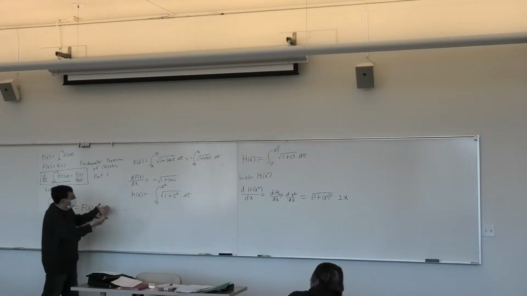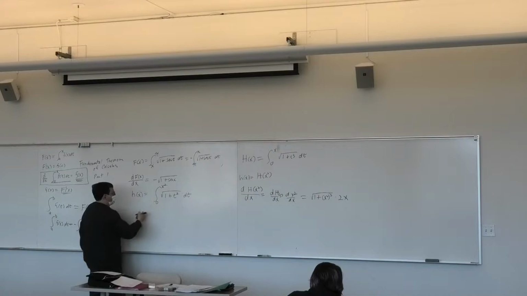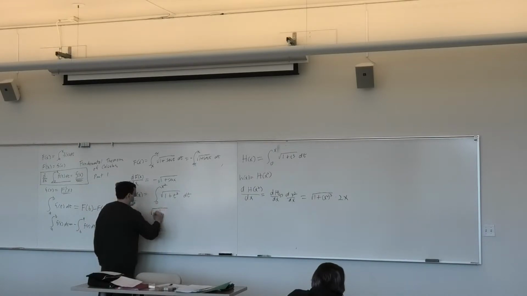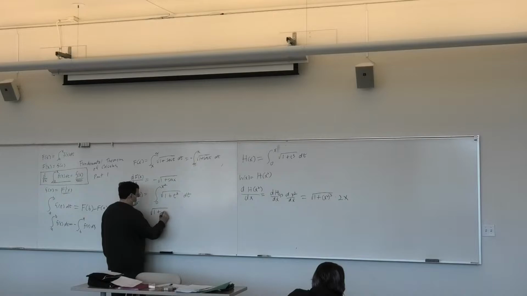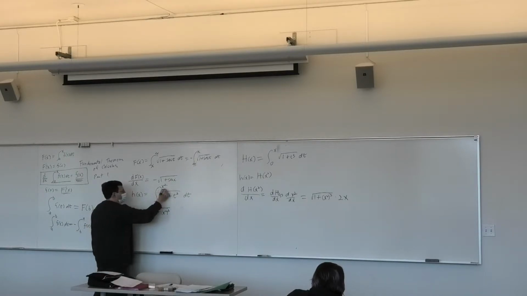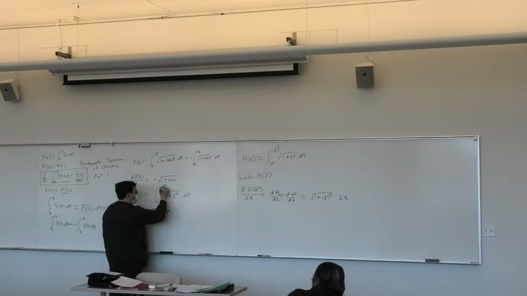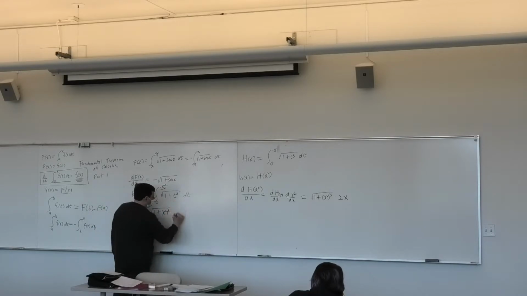The short way, just look at this and go, well, this has to be the square root of 1 plus x squared cubed. I plug in x squared here. But the chain rule requires I multiply by the derivative of that, so 2x.